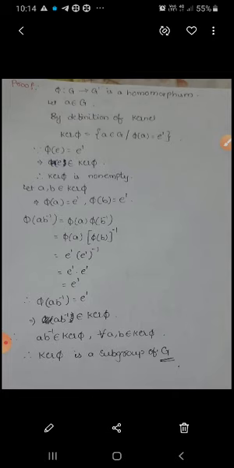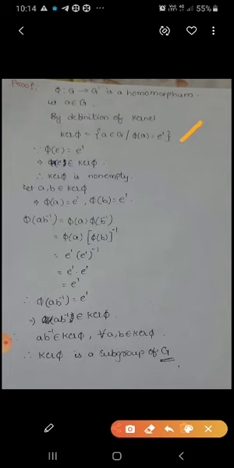Let a belongs to G. By the definition of kernel, kernel phi equals a belongs to G such that phi of a equals e dash. We know that phi of e equals e dash by known theorem, that implies e belongs to kernel phi. Therefore kernel phi is a non-empty set.